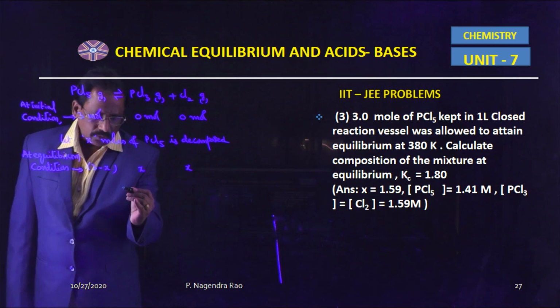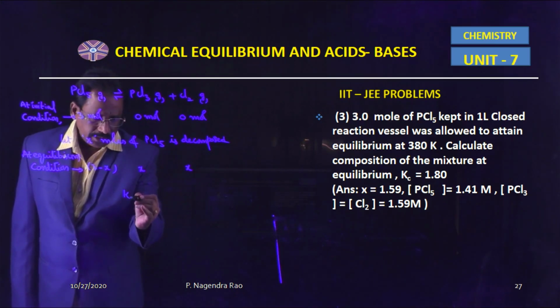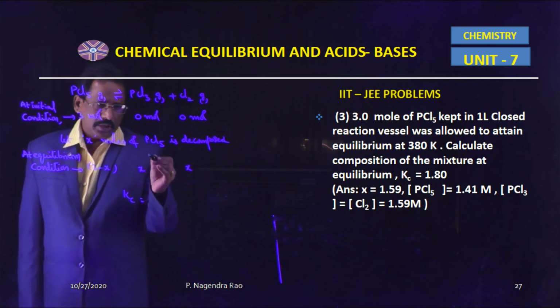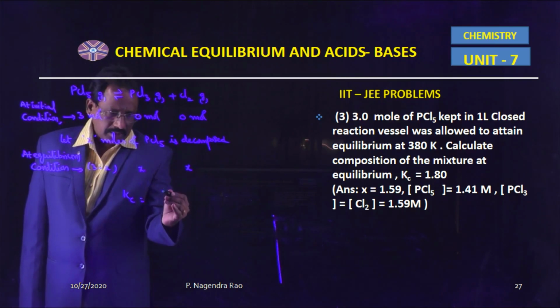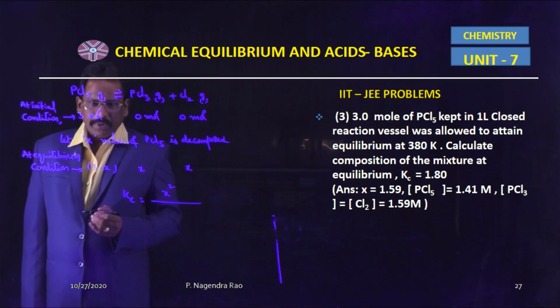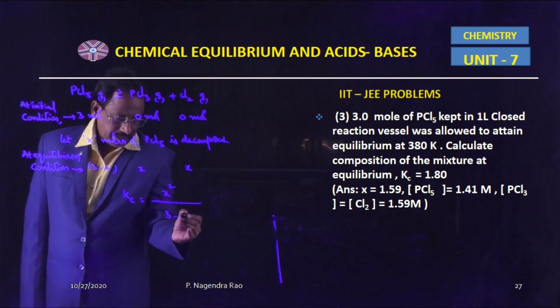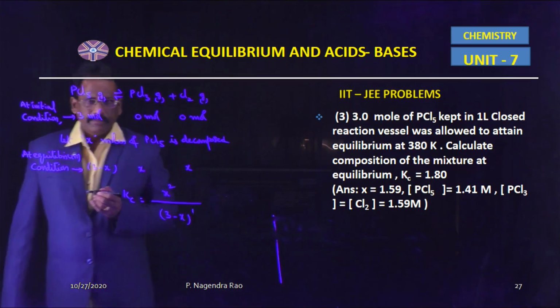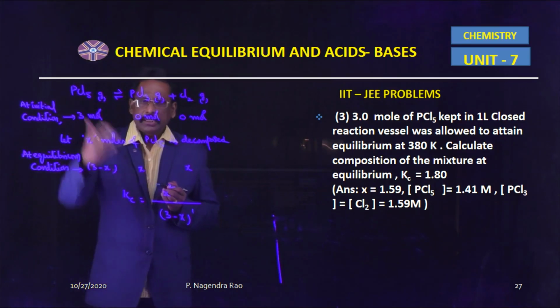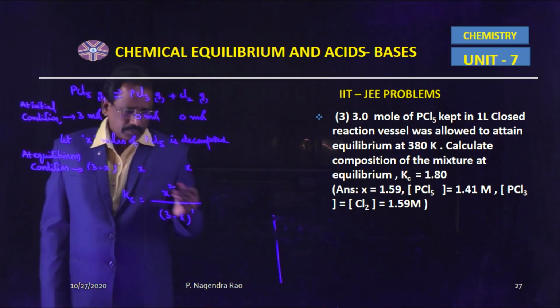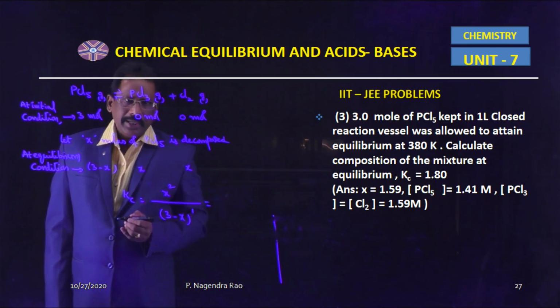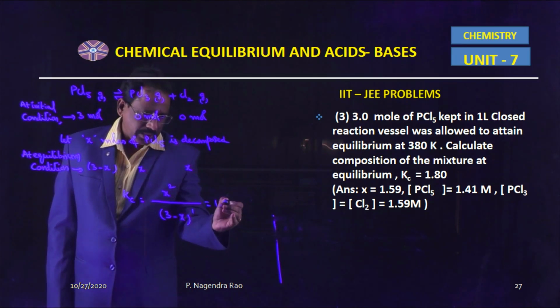Now according to the law of chemical equilibrium, Kc is equal to the products' active mass, that means x into x, x square, divided by the reactants' active mass, 3 minus x whole power 1, because this is 1 mole, is equal to Kc, which is 1.80.